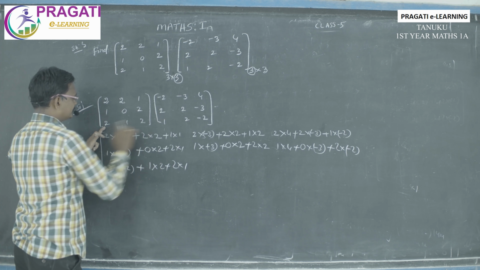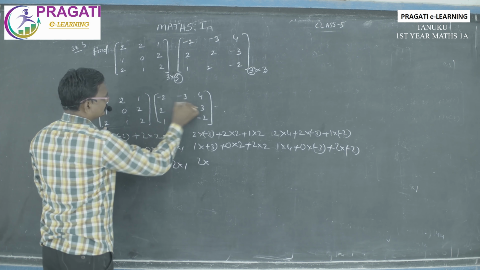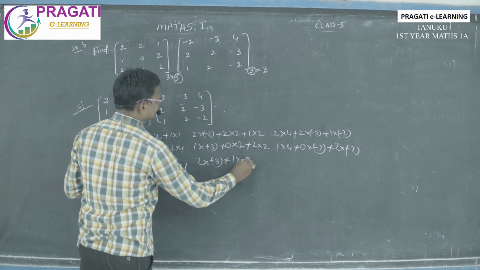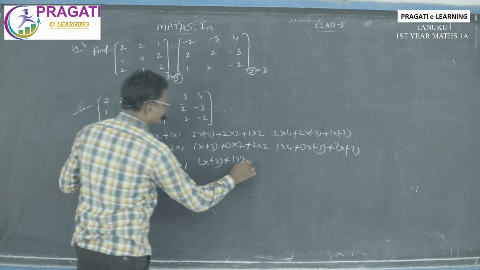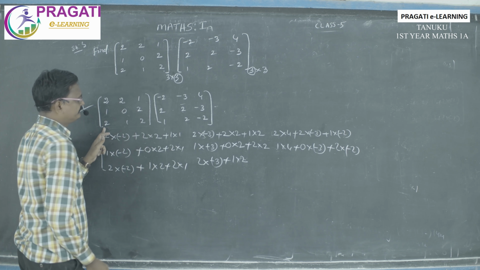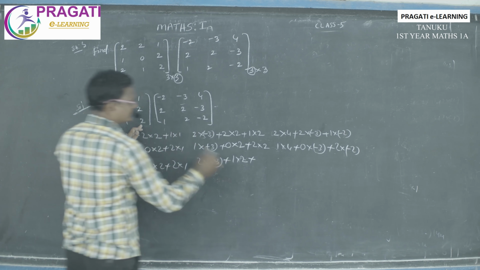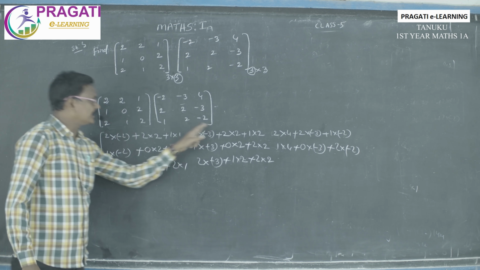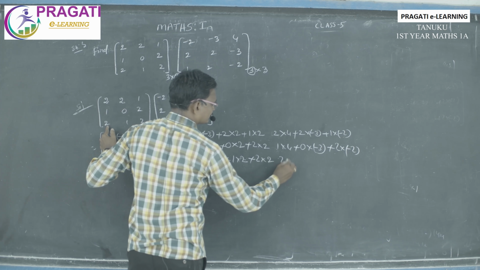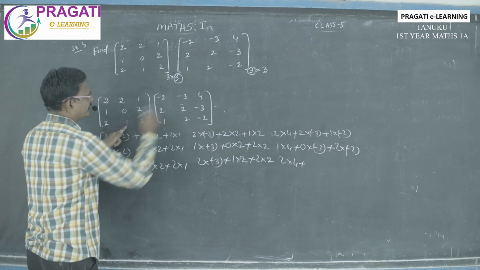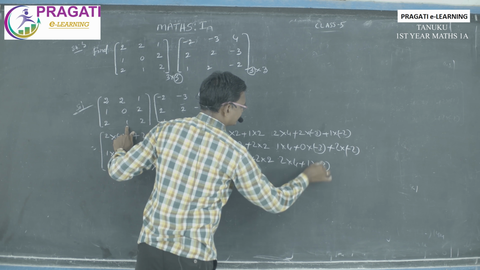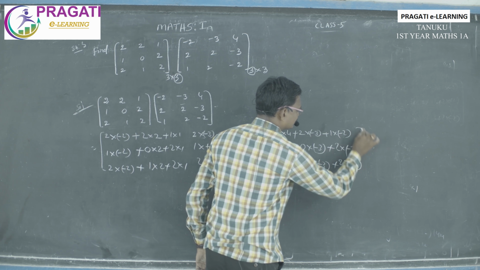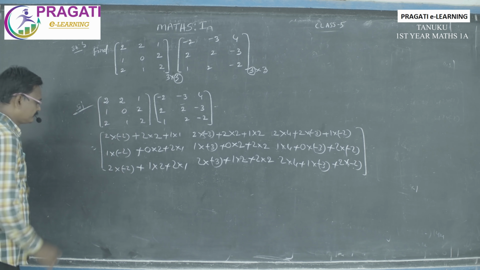Now same row, second column, first element 2 into minus 3, plus 1 into minus 3, 1 into 2, plus 2 into 2. Now again third row, third column, 2 into 4, plus 1 into minus 3, plus 2 into minus 2. So that is the way of process.